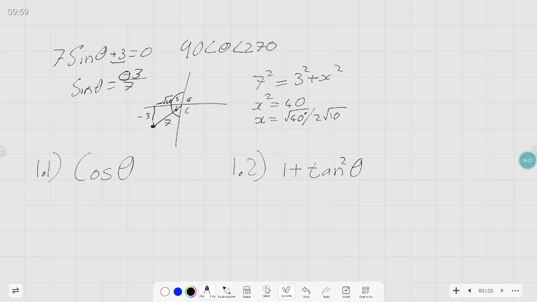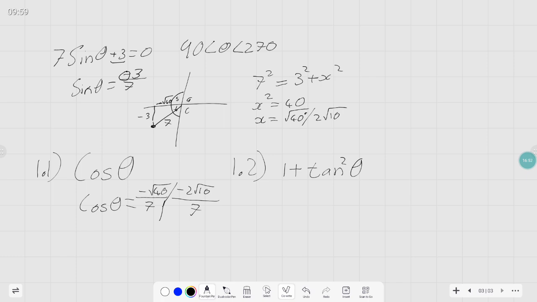It's the same thing. So if I look at cos of theta, it was equal to negative square root of 40 divided by 7, or you could have said negative 2 square root of 10 divided by 7.